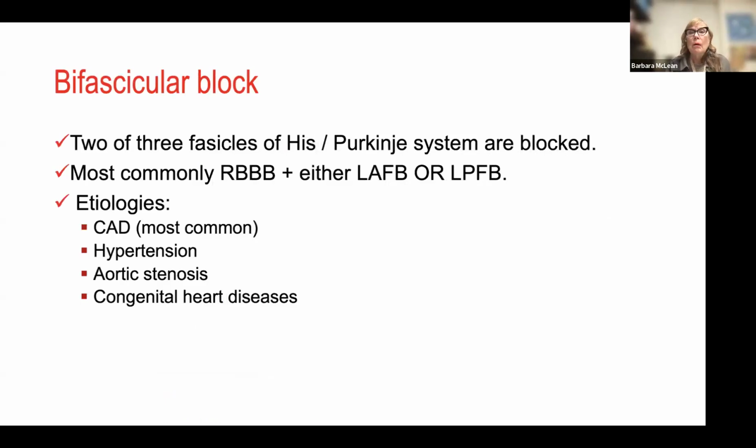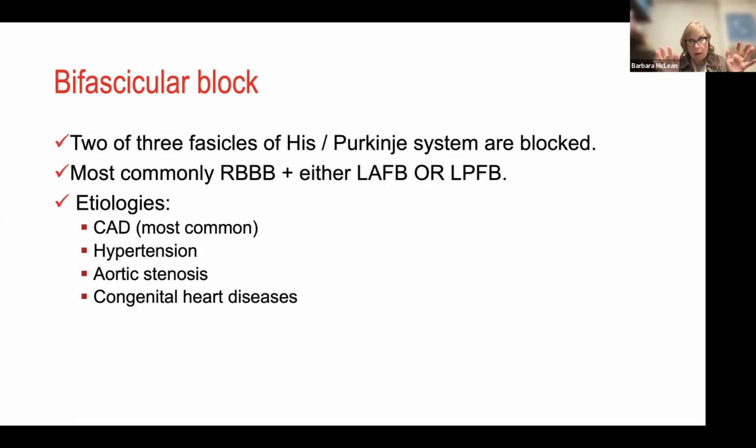Now, to end with, a really common issue is when 2 of 3 fascicles are blocked. Most commonly, when we're talking about fascicles, it's right bundle and left anterior fascicle. That occurs most commonly with coronary artery disease in the anterior, the LAD, the left main. Of course, that's not going to be your worry.